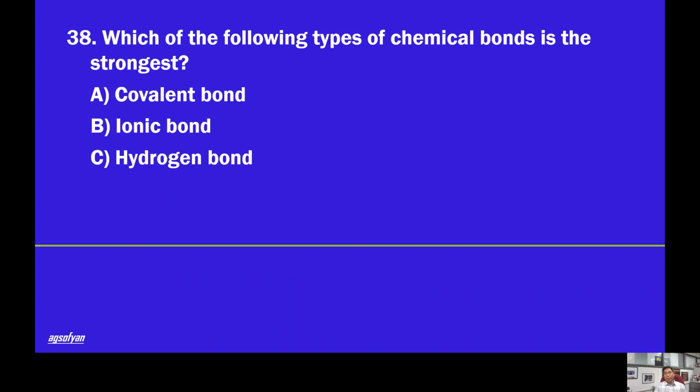Number 38. Which of the following types of chemical bond is the strongest? A. Covalent bond. B. Ionic bonds. C. Hydrogen bond. Choose your answer. Yes, the answer will be covalent bond, which is the strongest type of chemical bond.